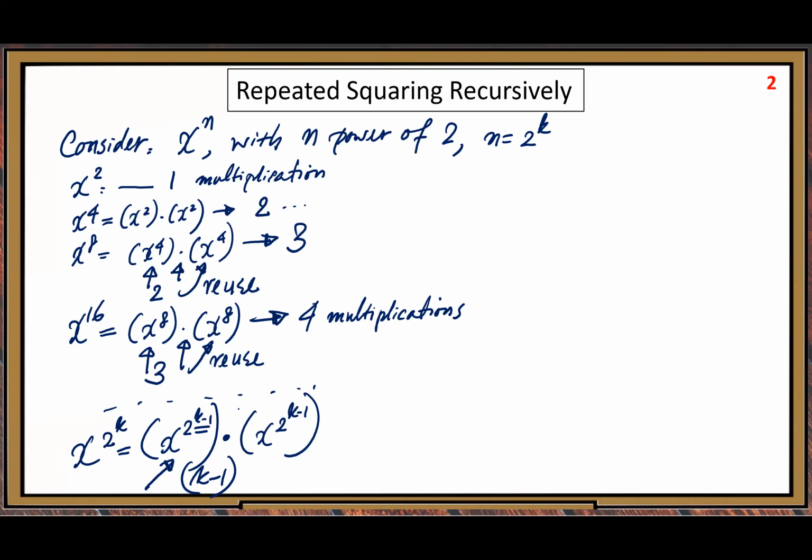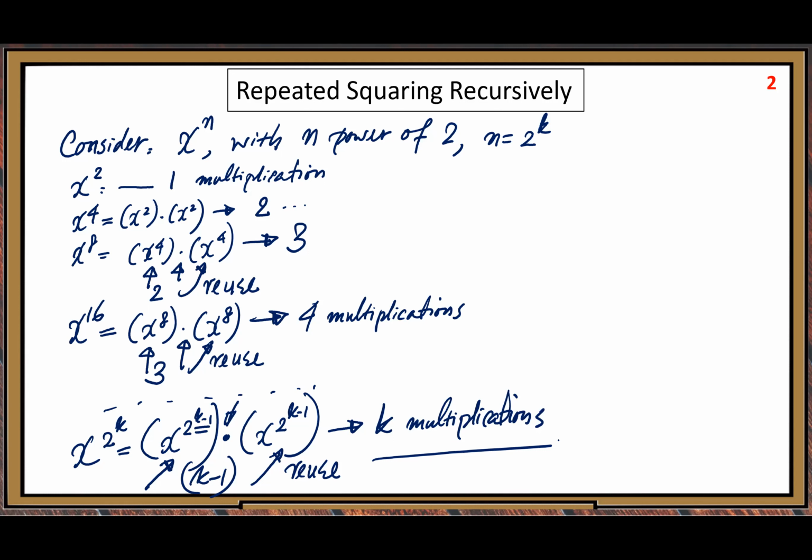Then add 1 for the middle dot and reuse the second copy. So the answer is k multiplications. How about that? You can see we can save a lot.